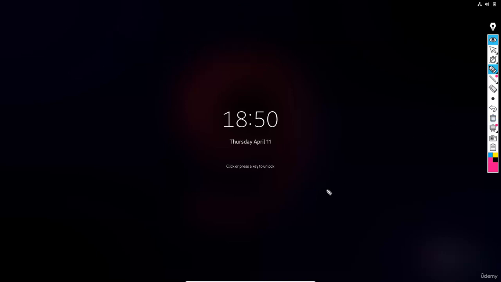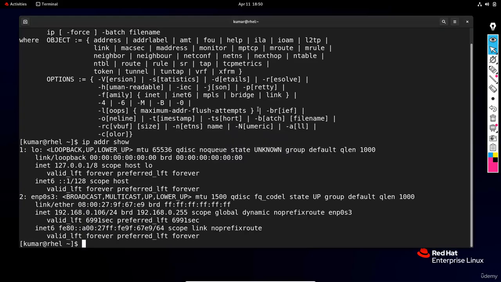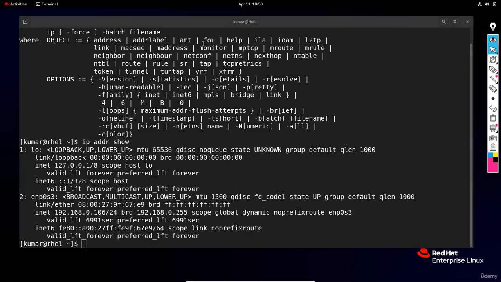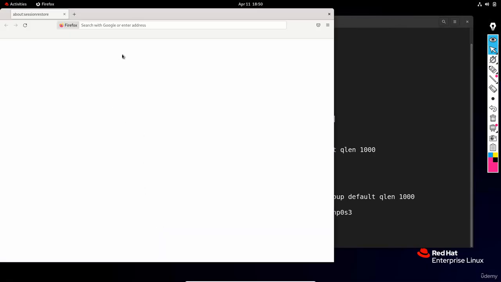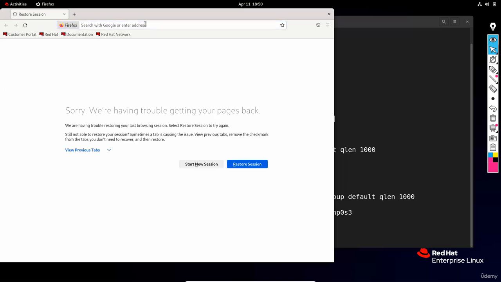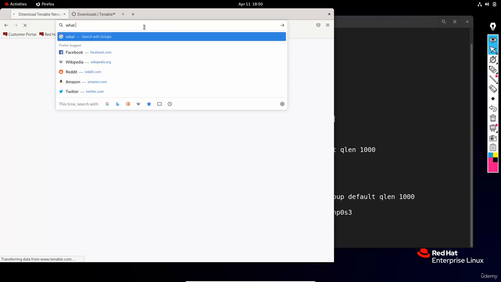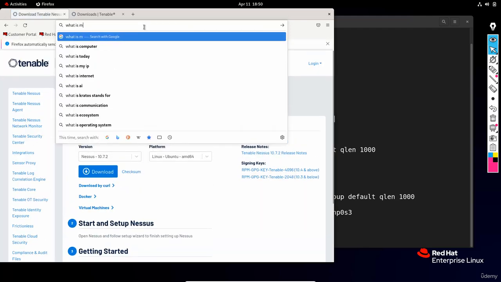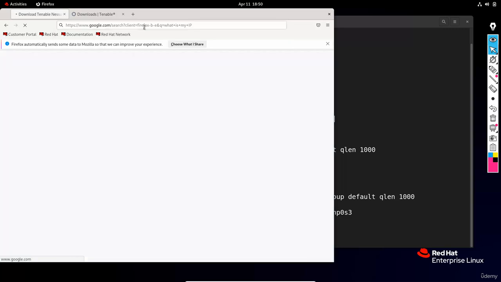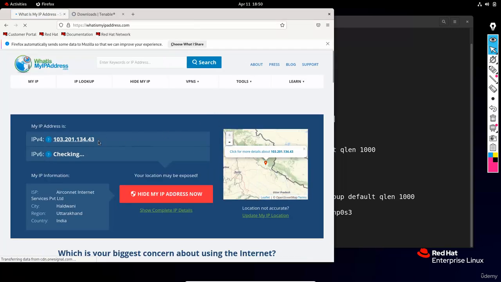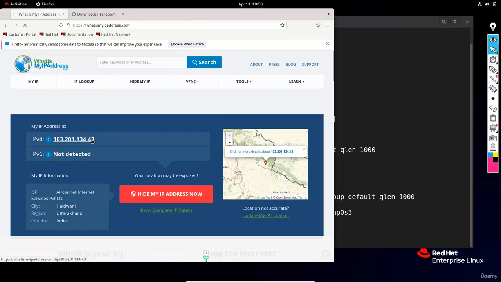For example, on this same system, if I open Firefox and search here, what is my IP address, then you will click here and find this is my IP address.